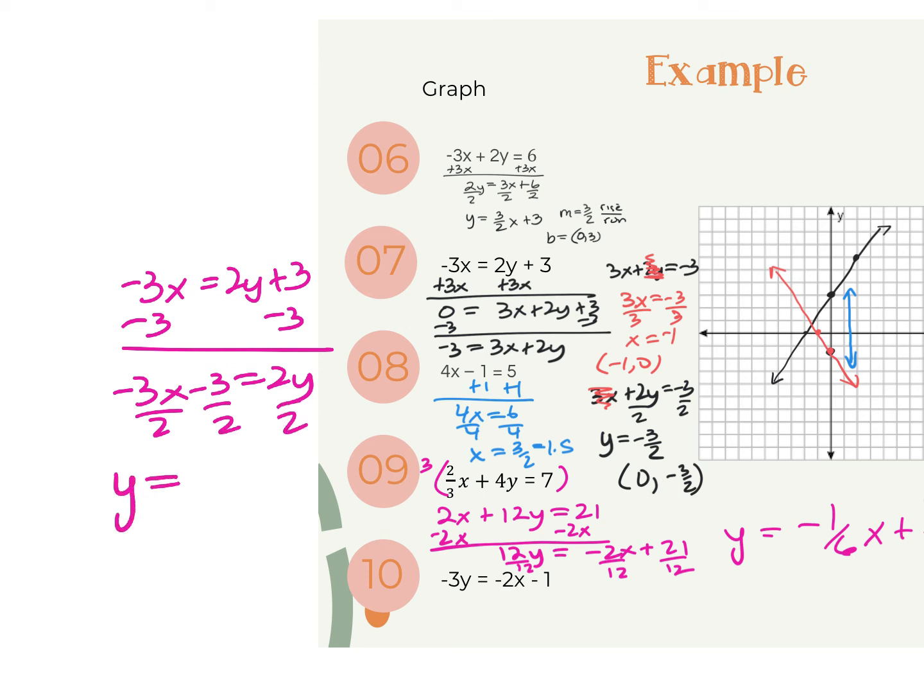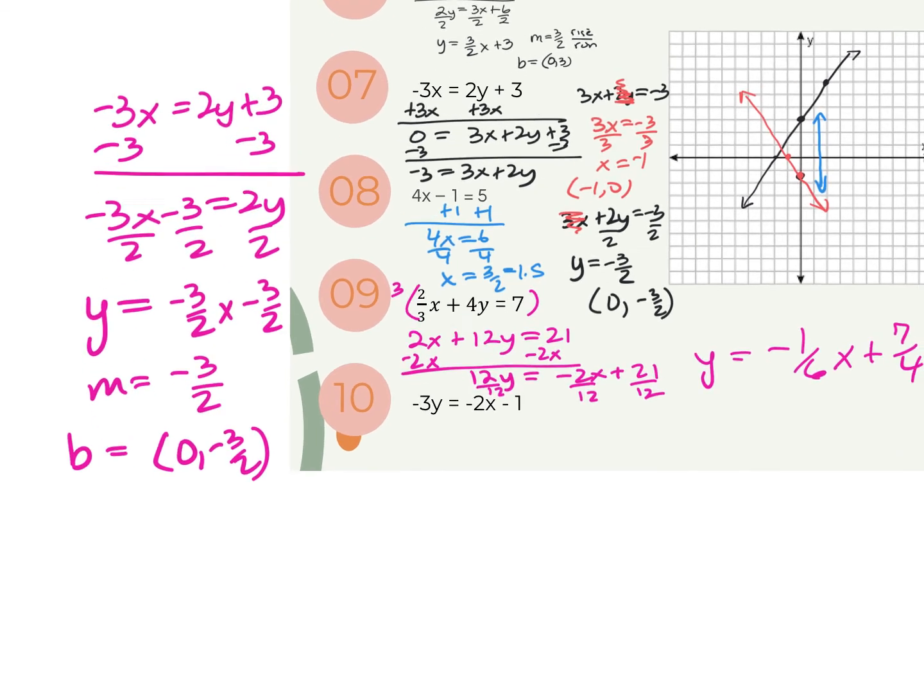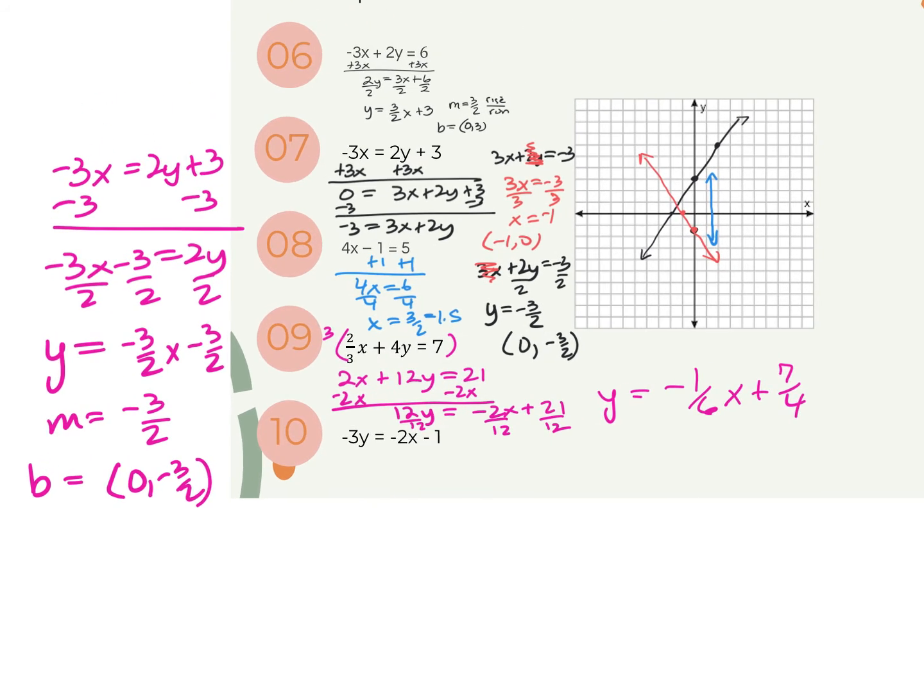So y equals negative 3 over 2x minus 3 over 2. So the slope here is negative 1.5 or negative 3 over 2. Actually, I'll leave it a fraction so I can do the rise and the run. So the slope is negative 3 over 2, and the y-intercept is the ordered pair 0, negative 3 over 2. Absolutely.